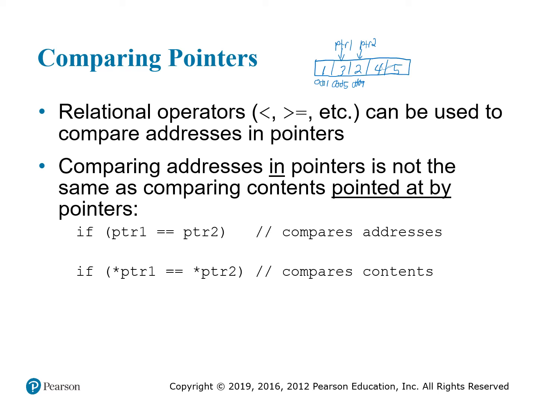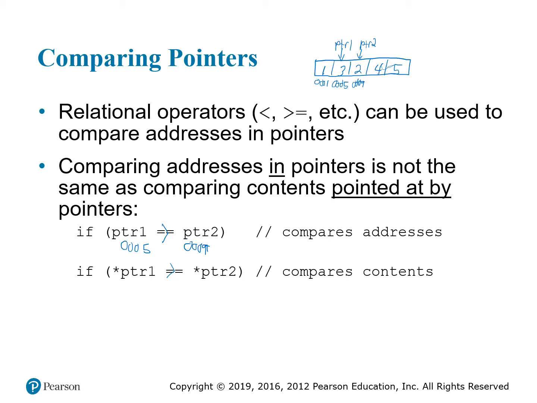But if we did a greater than symbol here, pointer 1 is 0005, pointer 2 is 0009.